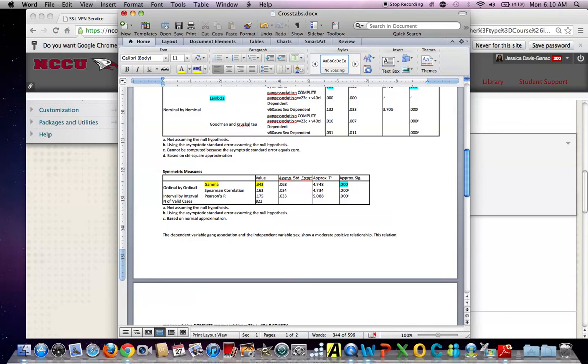Next, this relationship is significant in the sample, and in parentheses you write gamma is significant in the sample at the 99.9% confidence level.